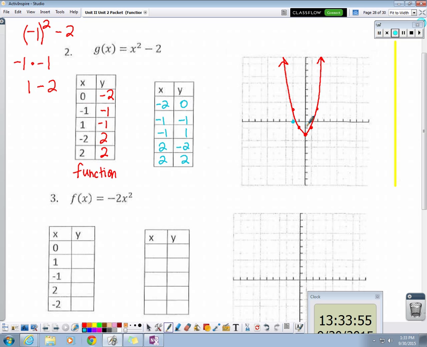What about negative 1, negative 1? Left 1, down 1, okay? What about negative 1, positive 1? Left 1, up 1. Okay, what about 2, negative 2? Correct. And then 2, 2.